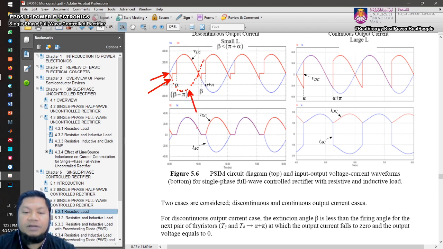Right, so this is only the negative of the supply voltage, so it will be negative v(t), because this waveform is v(t), so that negative waveform here is actually the negative of the supply voltage.